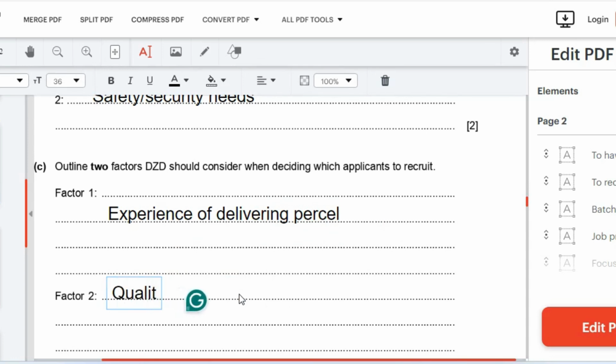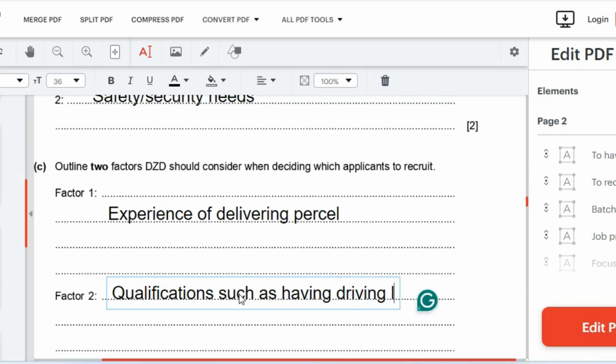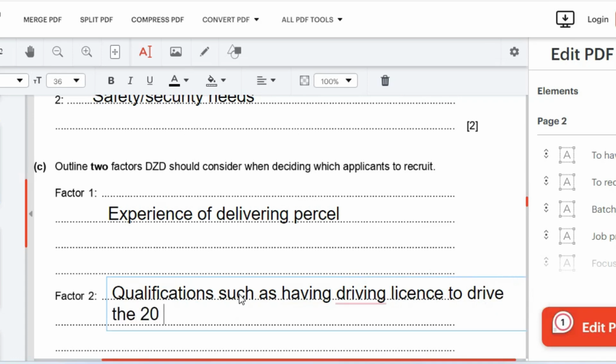Qualification, such as having driving license to drive the 20 vehicles.